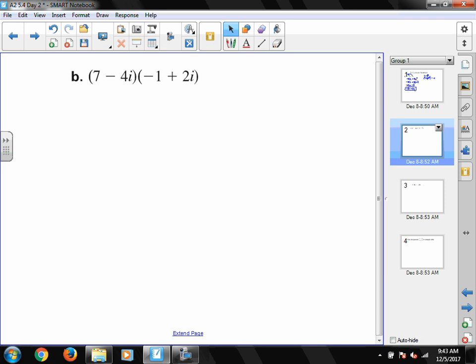But the reason I like the box method is because later on, this box method will work just as well as foiling, and foiling only applies to certain situations. This is one of them. But the box method will work with any sized numbers that you're going to multiply. So if we're going to do the box method, I'm going to need a box.